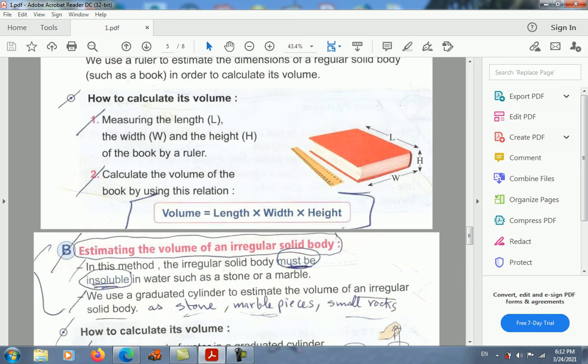It's by measuring the length L, the width W, and the height H of the book by a ruler. So this is the first step. Second, calculate the volume of the book by using this relation: the volume equals length multiplied by width multiplied by height.